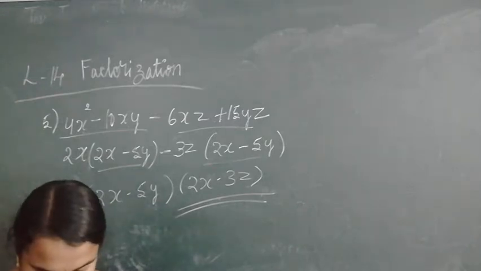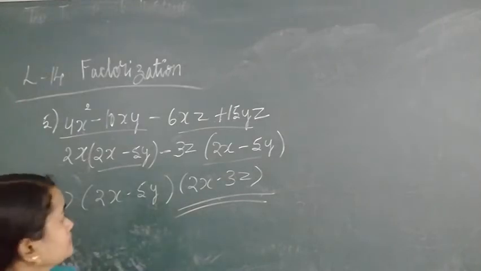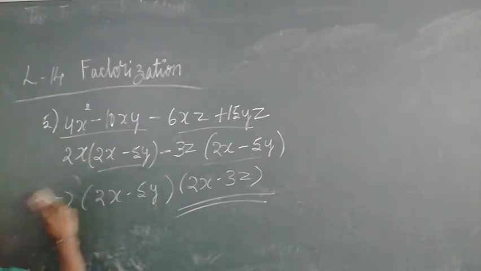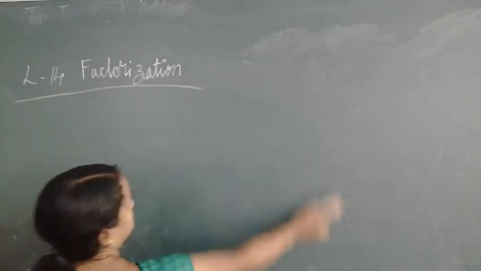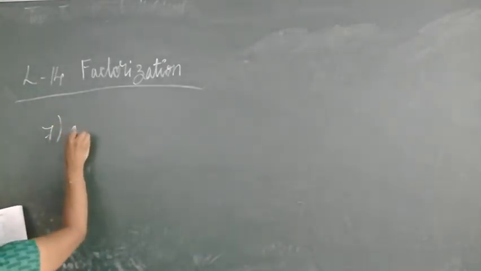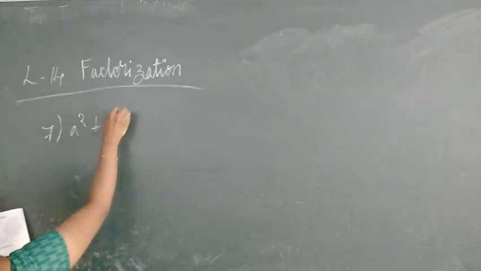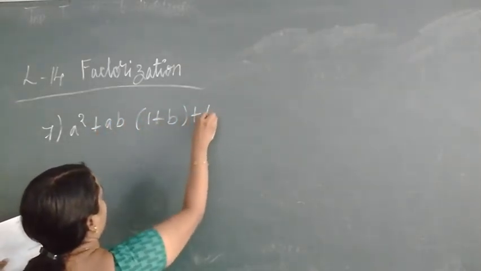Now, sixth one will be the homework. I will solve the question number 7th one. a square plus ab times (1 plus b) plus b cube.